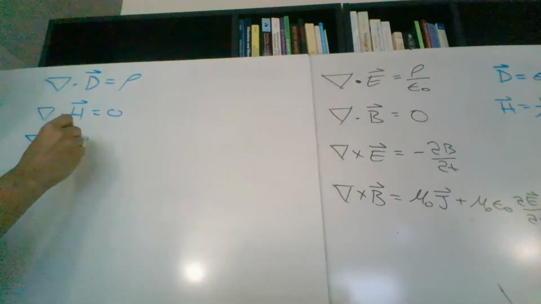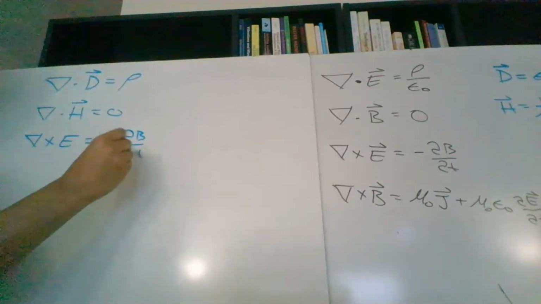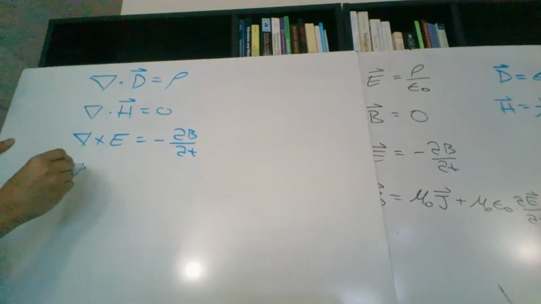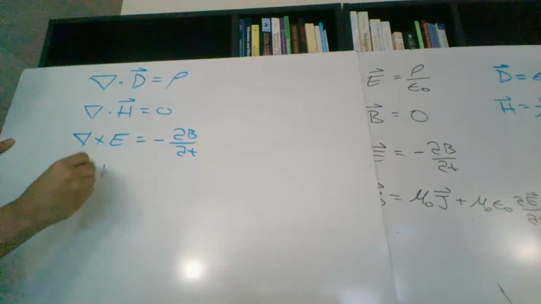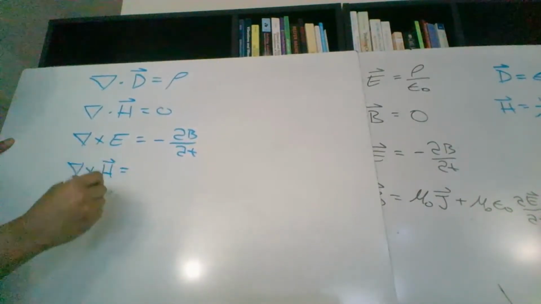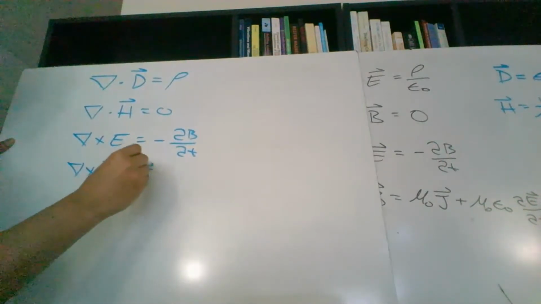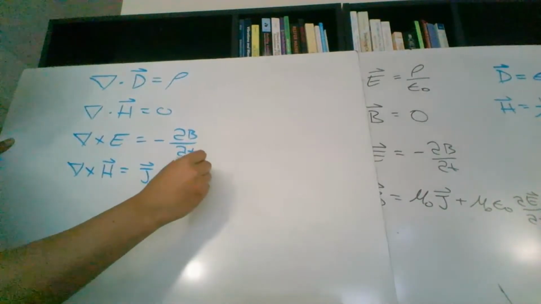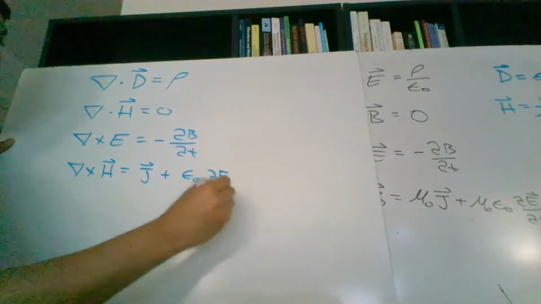Our next equation is going to be del cross E. This one doesn't change. It's going to remain as negative dB over dt. That one doesn't change, but this one will. Del cross H is going to equal the current density, J, plus epsilon naught dE over dt.